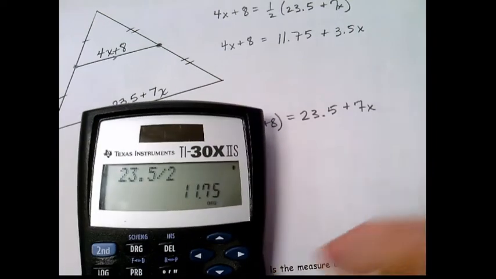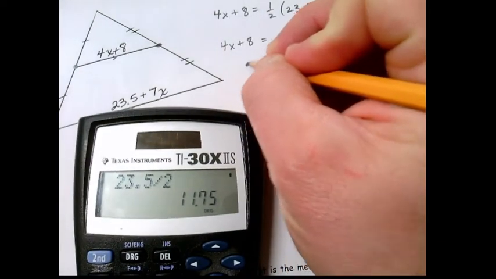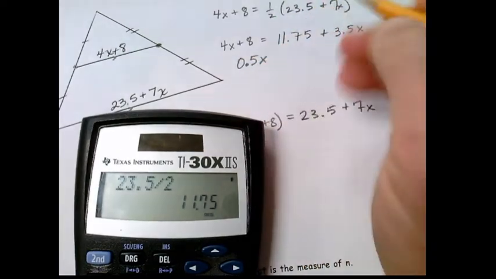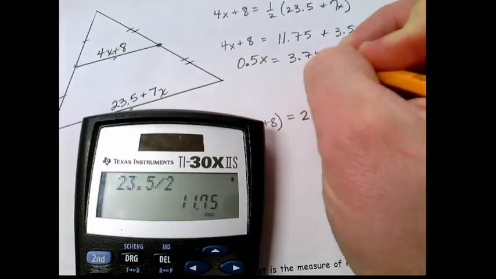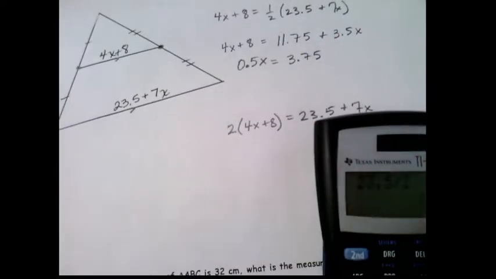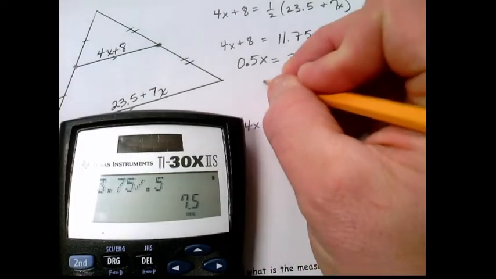If I subtract 3.5x from both sides, I get 0.5x. If I subtract 8 from both sides, you get 3.75. And if I divide both sides by 0.5, 3.75 divided by 0.5, you get 7.5.